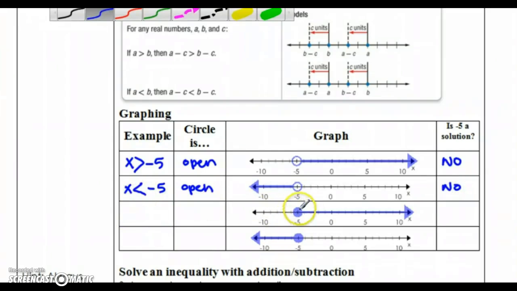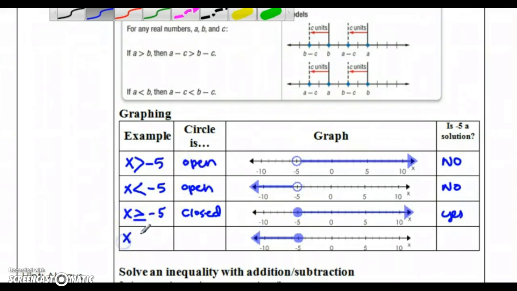Now we have a closed circle still at -5, and we're going towards the greater number, so x is greater than or equal to, that's what that line means underneath that greater than sign, and we have a closed circle. So what that closed circle means is yes, -5 is a solution.